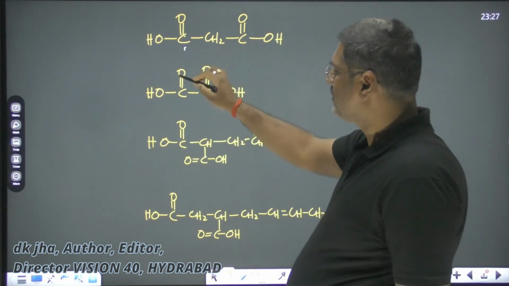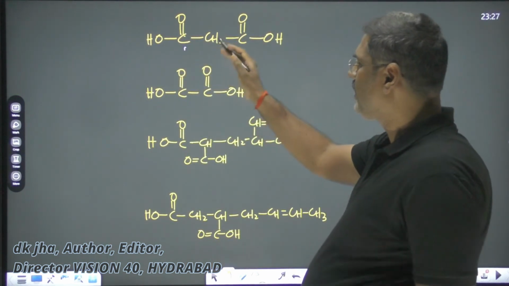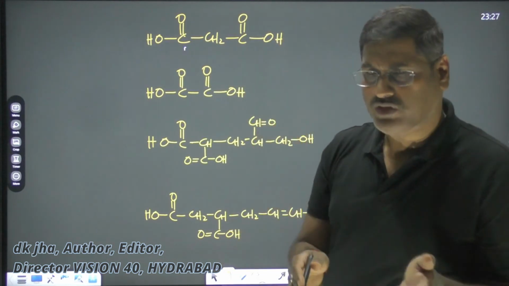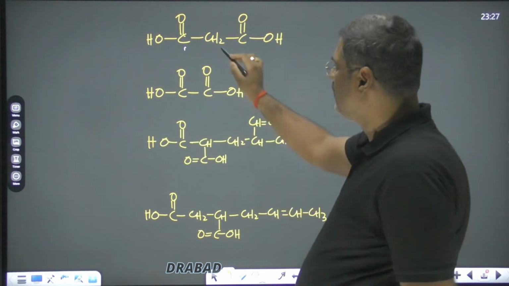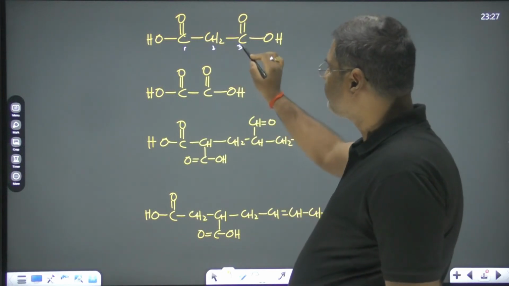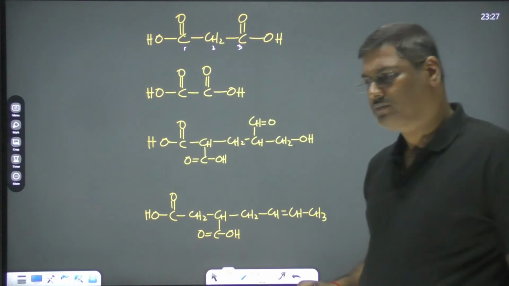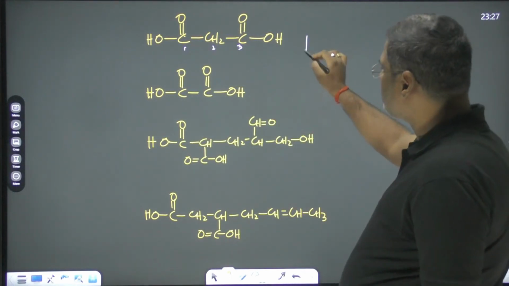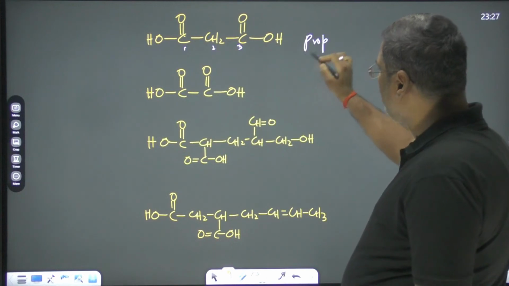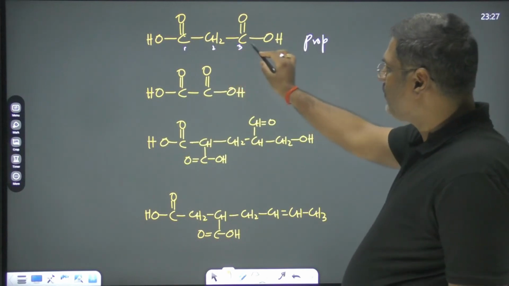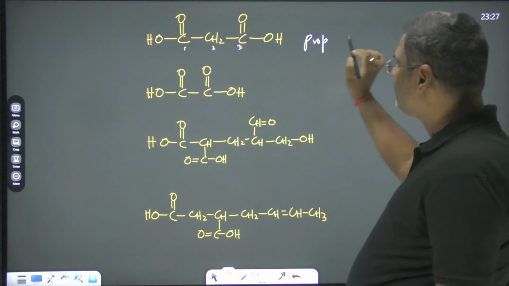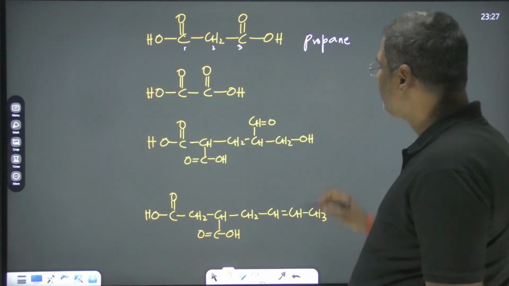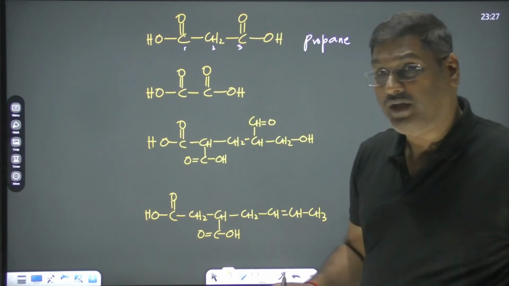This one is 1. We try to include the maximum, on one terminal 1 COOH, on the other terminal the other COOH. This one is 2. This one is 3. 3 carbon atoms are in the chain, so this one is prop. There is no double bond or triple bond in this chain of 3 carbon atoms, so propane. This time we write E. Why E?